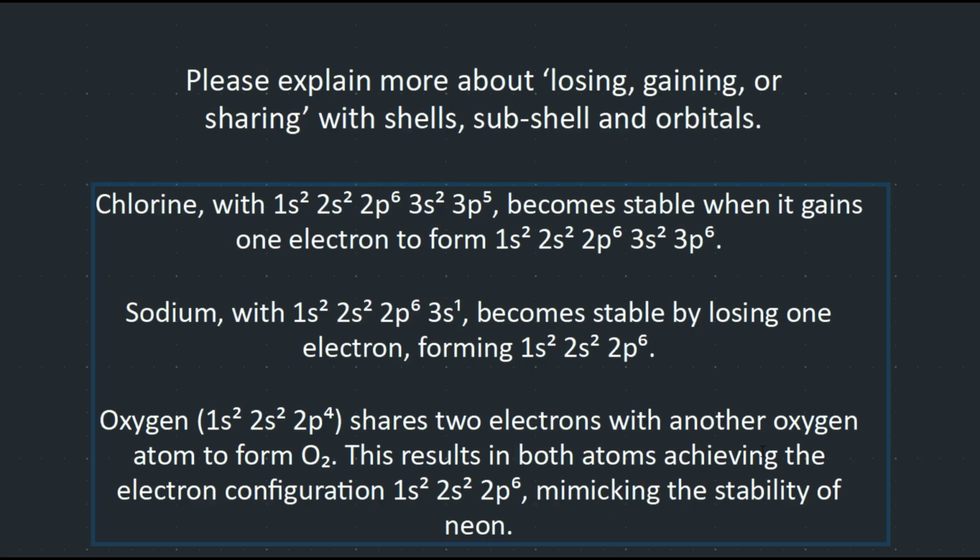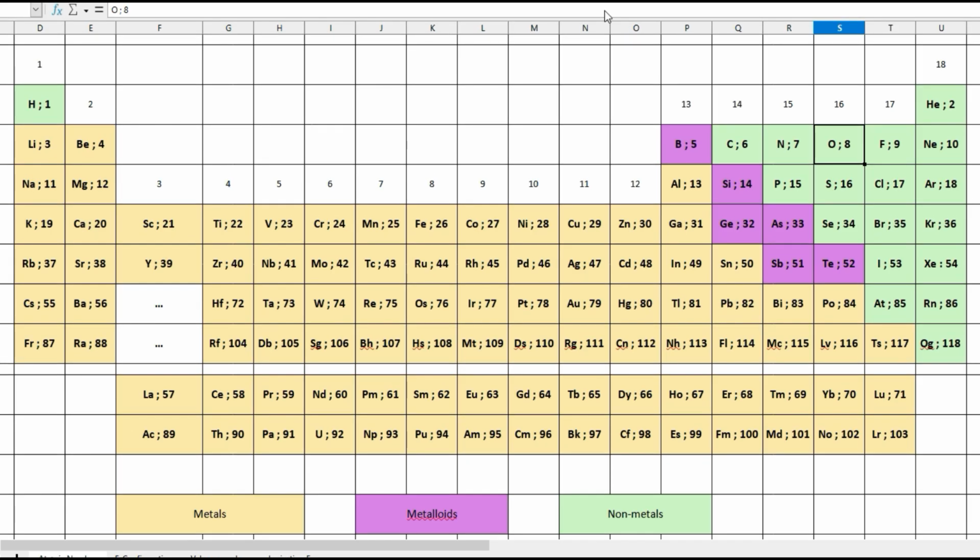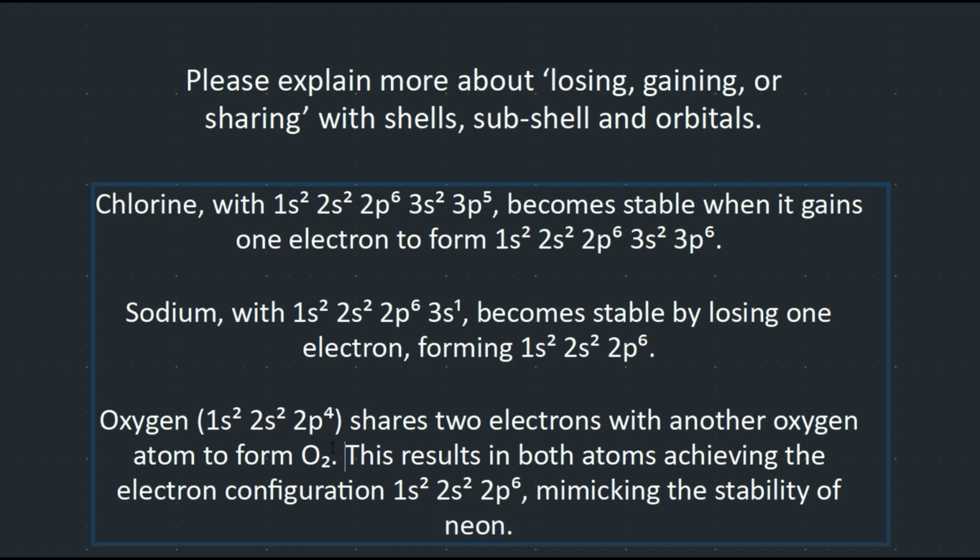This results in both atoms achieving this particular configuration, mimicking the stability of neon, right, over here. Of course, oxygen reacts with other things as well. But if it has to react with something, for example another oxygen, this is how it looks, O2. So it will share 2 electrons. How does it look and all of that? We'll be seeing in time, but this is the basic idea.